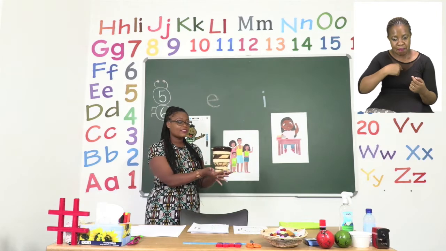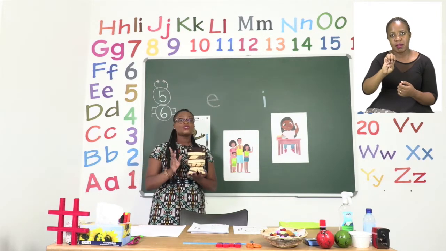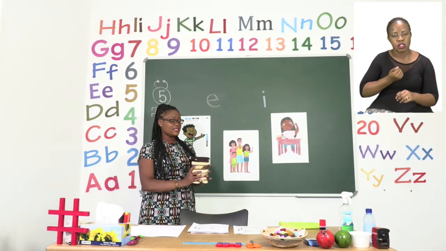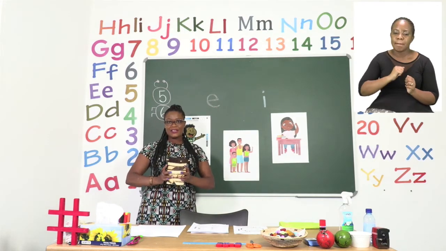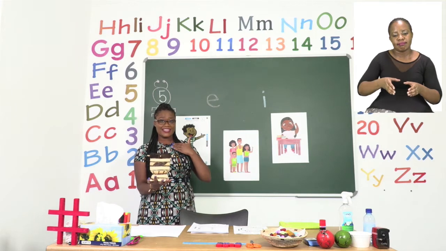We are showing that this is a drum that belongs to you. So if I were to say it as a possessive pronoun, we say my drum. So it's showing that this drum belongs to me.